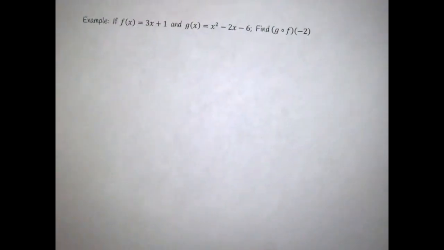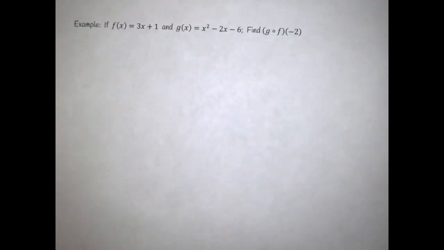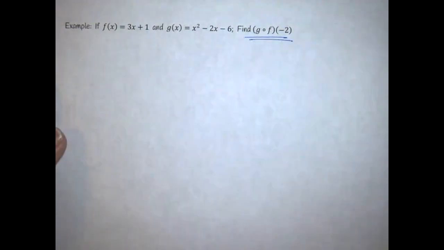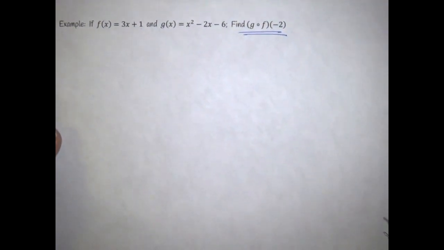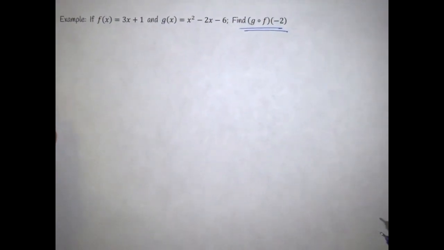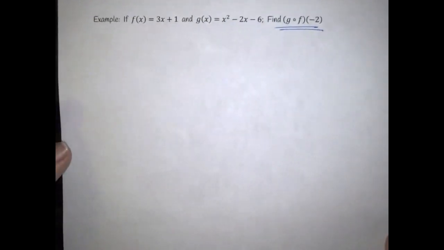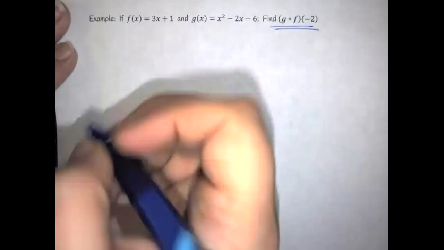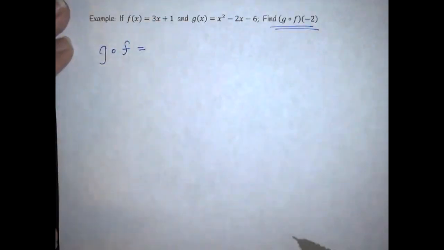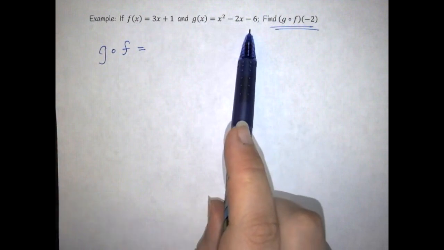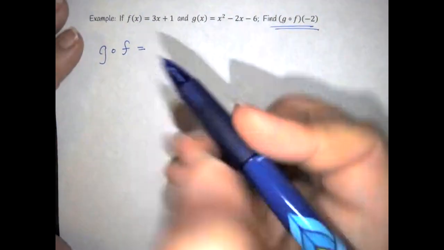All right, let's do another one. So let's look at this one here. Again, this time we're going to do g of x, but if you notice, we actually have an evaluate term. So the first thing you need to do is find your composition, and then you can evaluate. So we need to do g of f. I'm going to take my g, remove the x's and give myself an input spot.